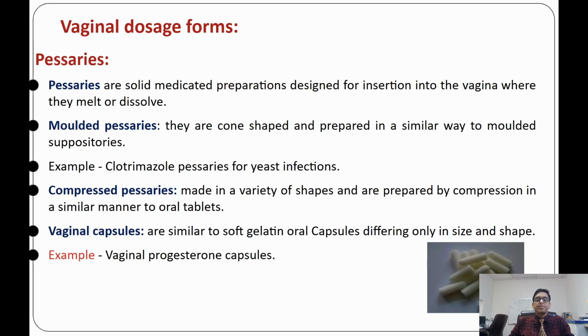Compressed pessaries are made in a variety of shapes and are prepared by compression in a similar manner to the oral tablet. The next one is vaginal capsules, which are similar to soft gelatin capsules, differing only in size and shape. Example, vaginal progesterone capsules.